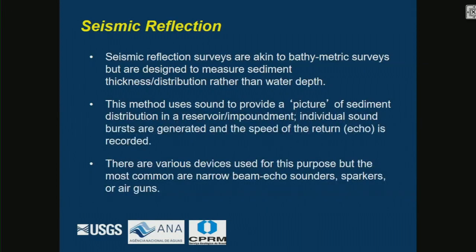If a lake or a reservoir has been in place for a long time, so you don't have an original survey of the bathymetry, seismic might be a way to get some information. You can have different acoustic signals go down, one that would penetrate the sediment and one that would not.